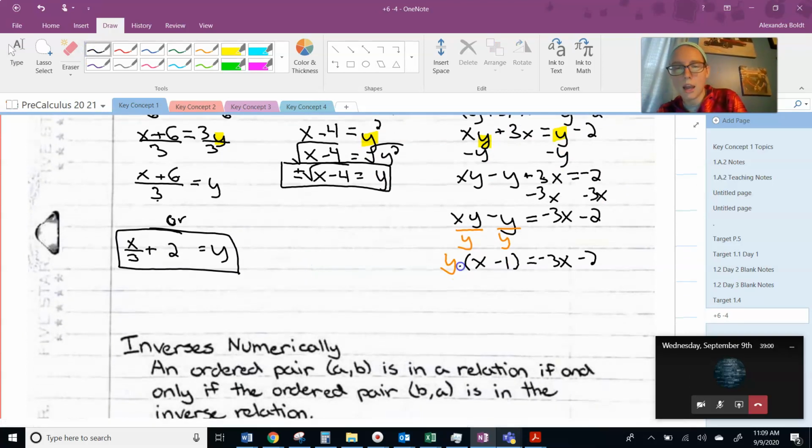Now we have this y times x minus 1, and since I'm solving for y, I can divide by x minus 1.